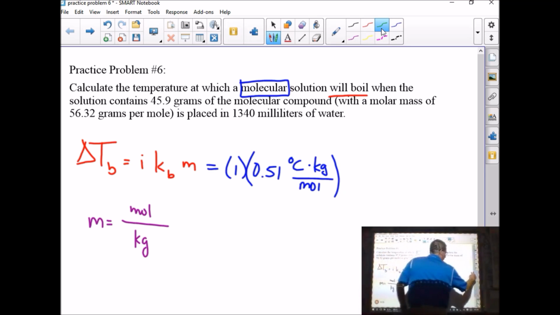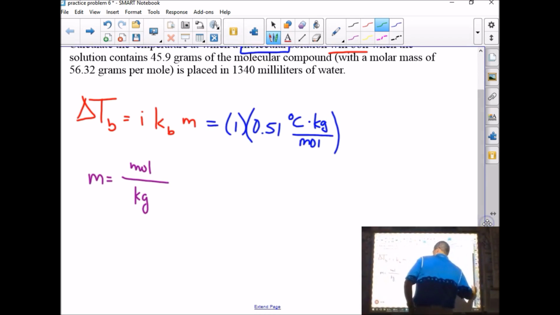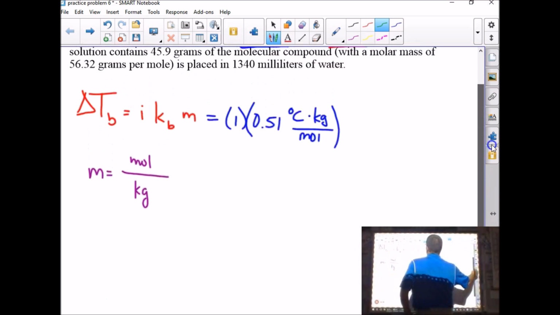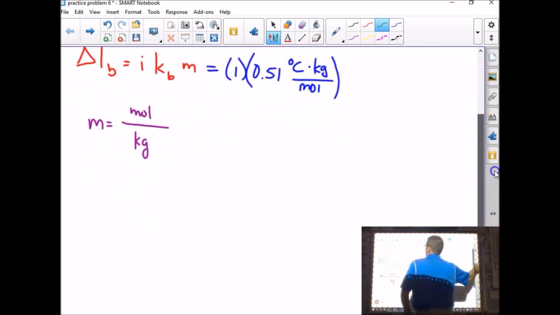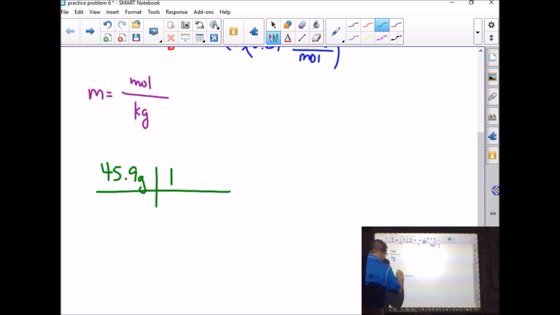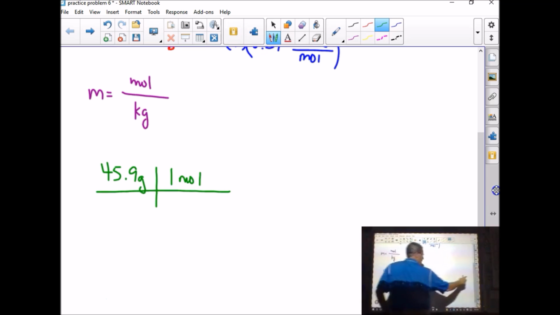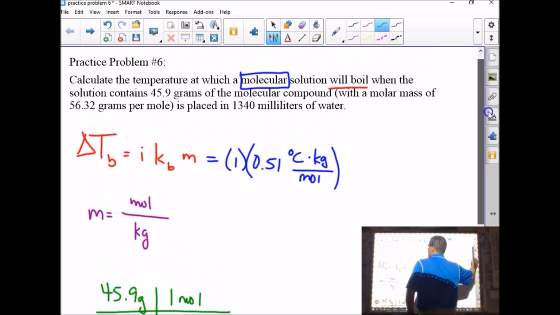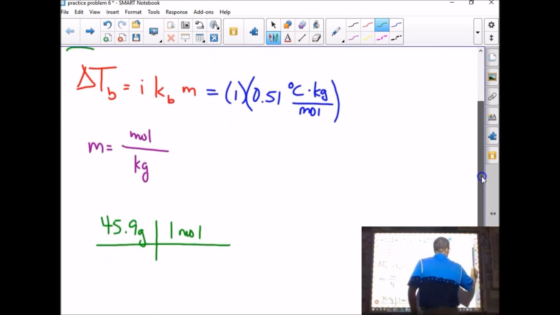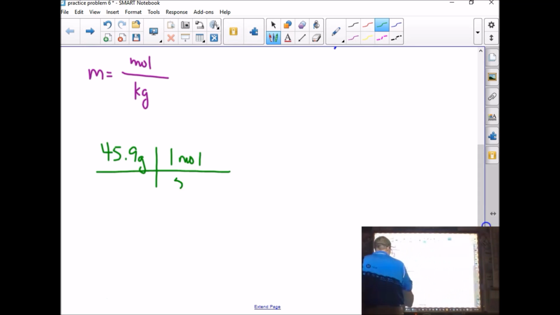So we have 45.9 grams. Let me scroll down a little bit here. Get some space here. So we have 45.9 grams. And the molar mass for this is 56.32. So you don't have to worry about what the compound is.